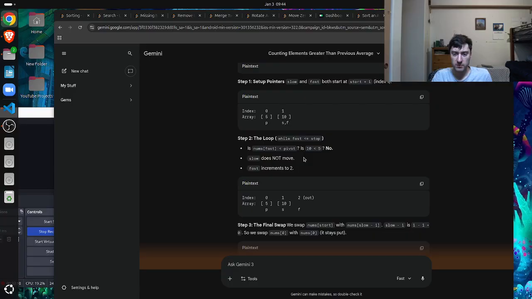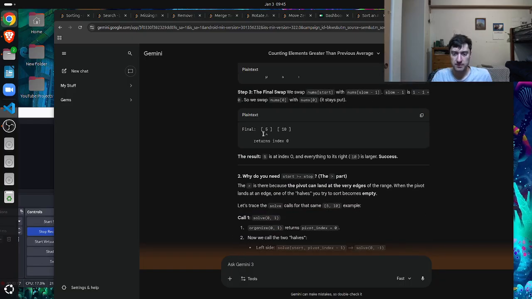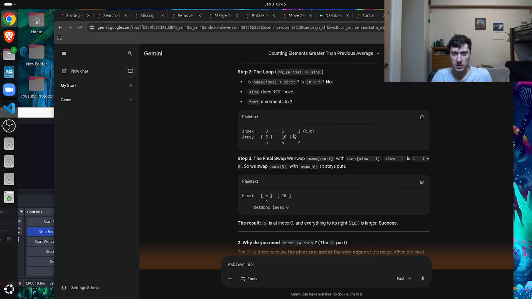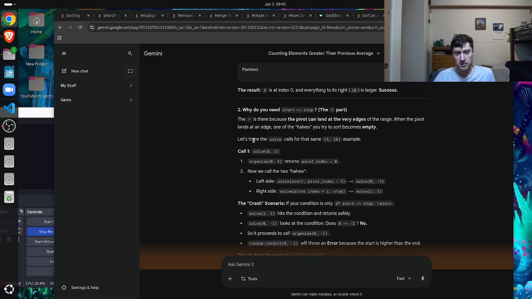No. Slow does not move. Fast increments to 2. Then it's out of the bounds, okay? So then we swap the 0th one with the one behind it, okay? The greater than, or the greater than sign is there because the pivot, there we go.